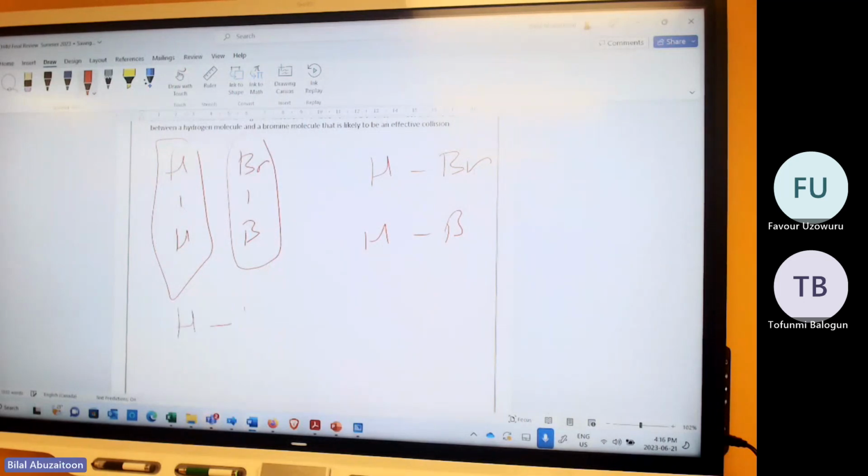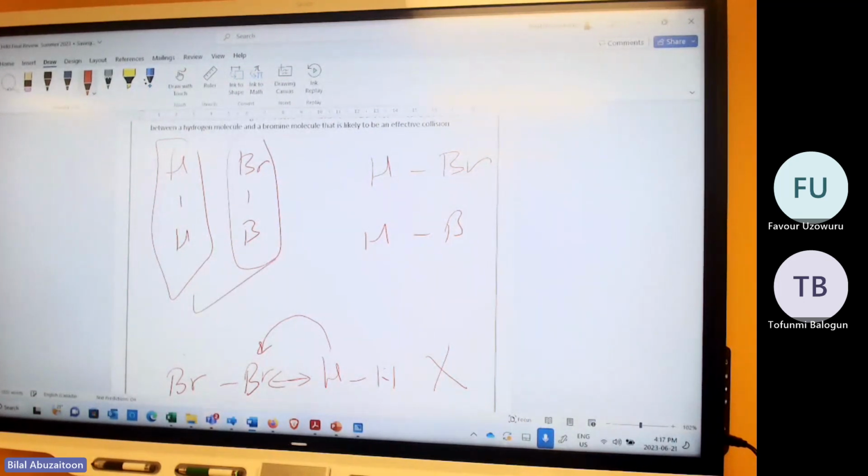If they collide this way, this H will collide with the Br, so this H with this Br can't make a bond, right? So this is an ineffective collision. The effective one is this one.